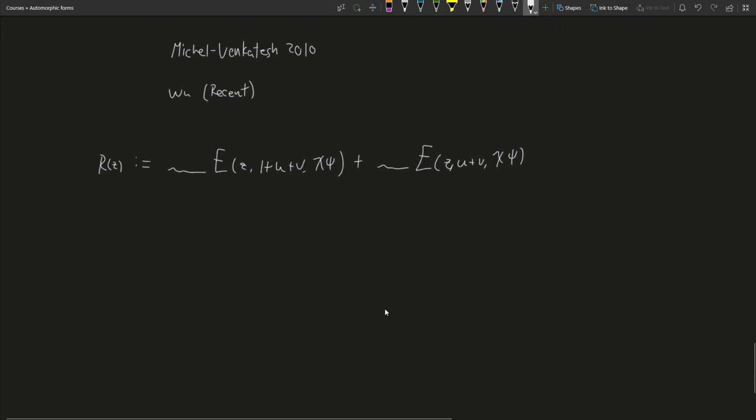And now the statement becomes that v of z equals r of z, and then you can do the spectral decomposition of v minus r.